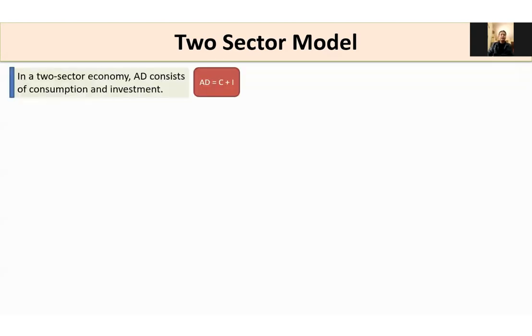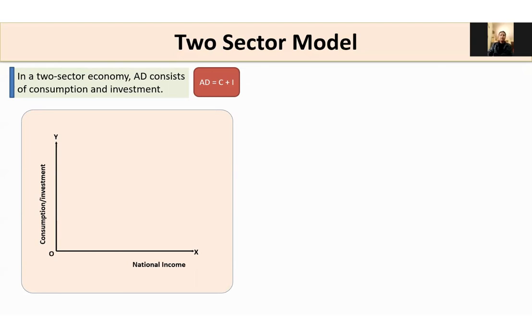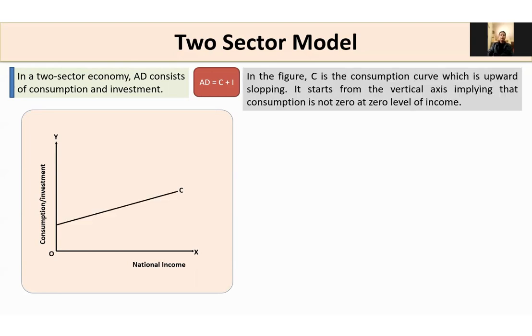We can say that in a two-sector economy, aggregate demand consists of consumption and investment. That is, aggregate demand is equal to C plus I. Now look at the figure. In the figure, C is the consumption curve, which is upward sloping.